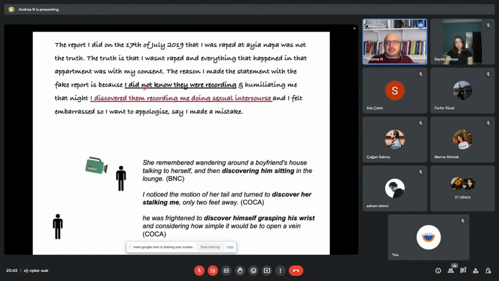However, what she writes here is that from the context, it seems obvious that she's not referring to that. She's referring to a discovery that happened after the recording. And so a native speaker of English here would have said, in this context, "I discovered that they were recording." And this is strong evidence in favor of the defense, because it's something that only a native speaker would know.